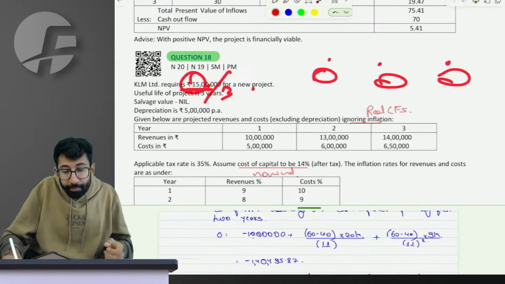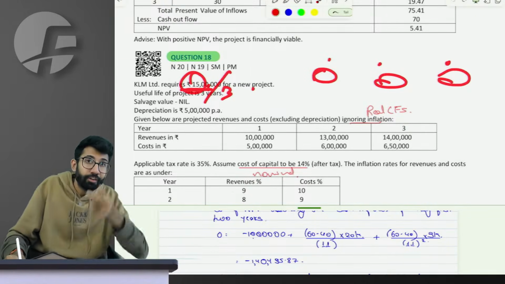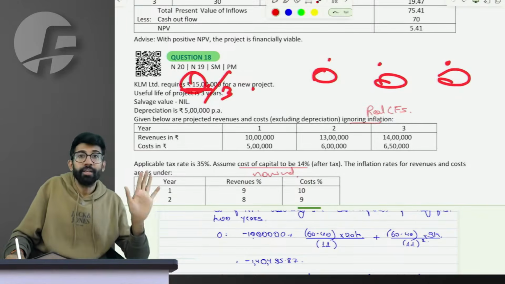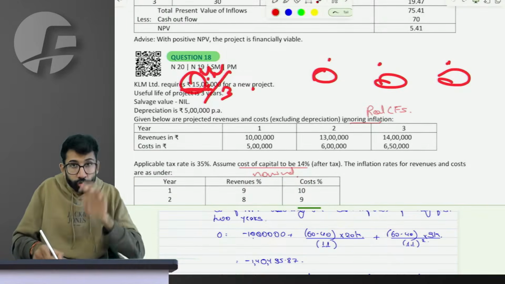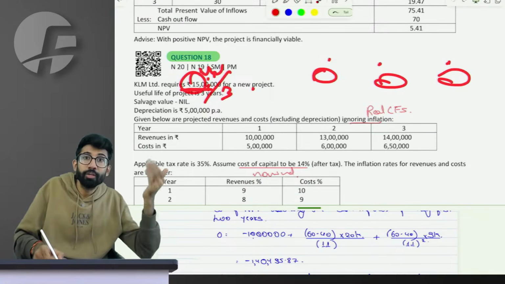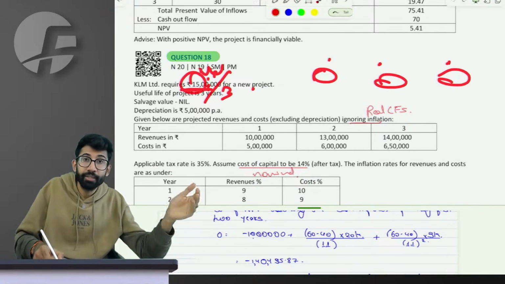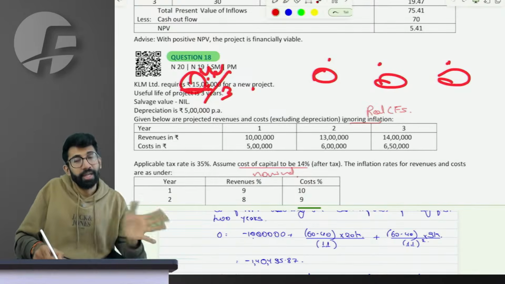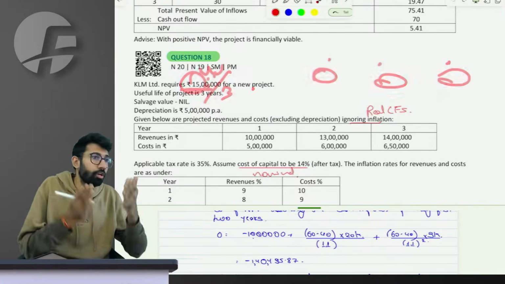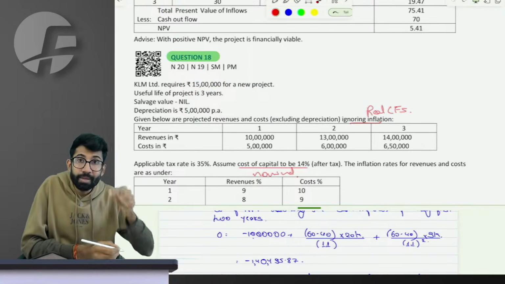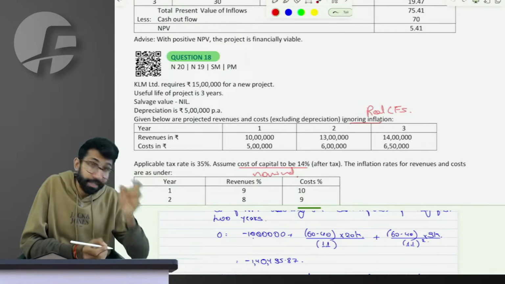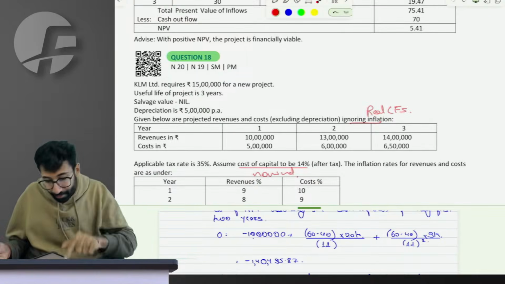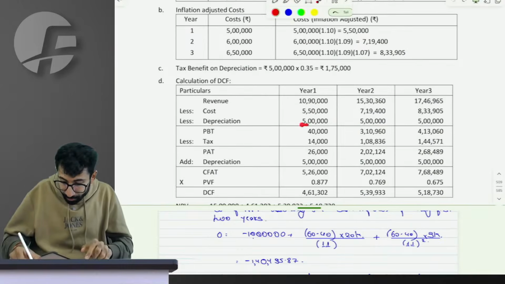The actual depreciation of every year will be 5 lakhs only. It is not that 15 lakhs is today's cost and the depreciation will increase. No, in the actual world it is going to be only 5 lakhs. The actual number is 5 lakh, which is why it is nominal.